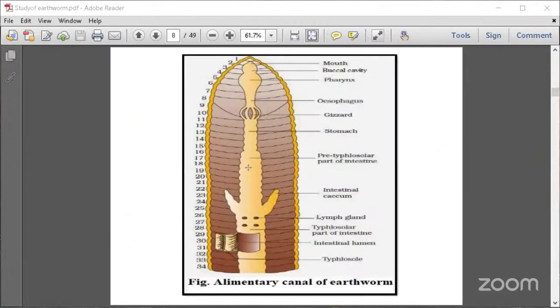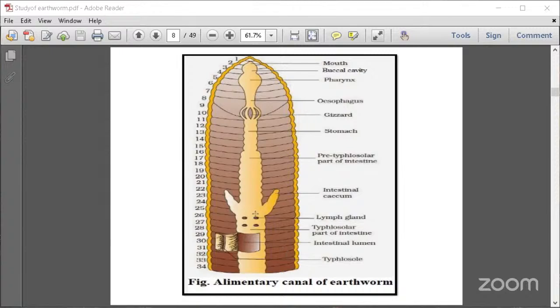So here you can see one, mouth and buccal cavity, pharynx, esophagus. See here, 8th, 9th, 10th, gizzard, like 9th to 10th, gizzard. And stomach, here inside the stomach, part of intestine and intestinal caecum.